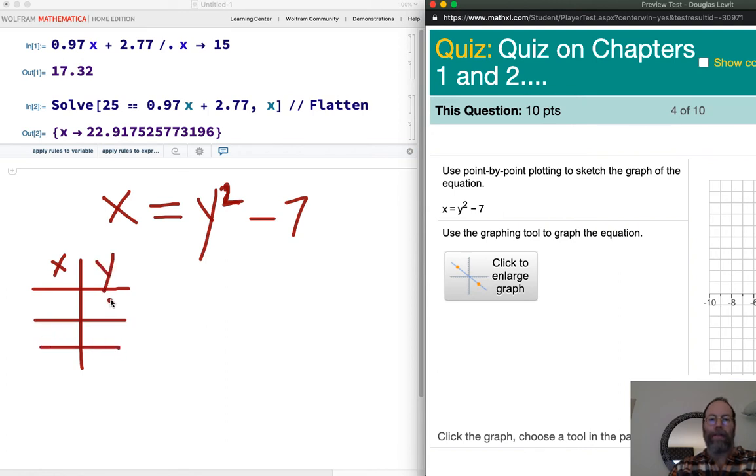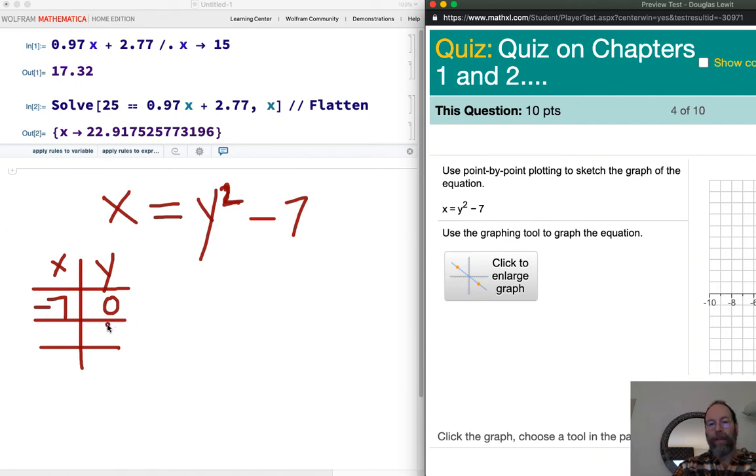So what happens if y is equal to 0? If y is equal to 0, we have 0 squared minus 7, so then we have negative 7. What happens if y is equal to, let's say, 1? Let's pick easy numbers.